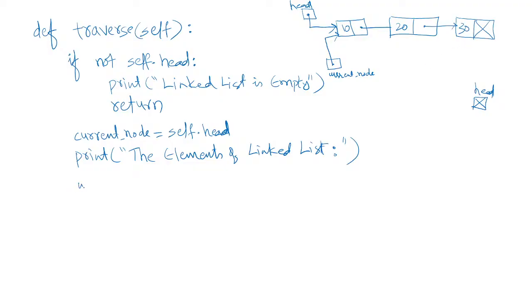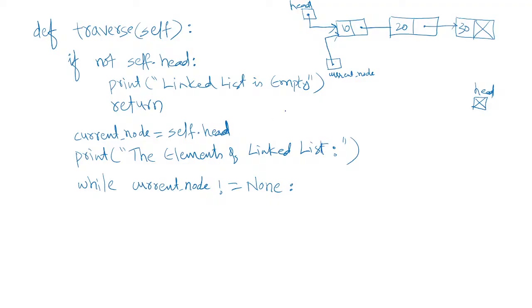So you should traverse the list now: while current node, you should print the last node also. So check while the current node is not equal to None.